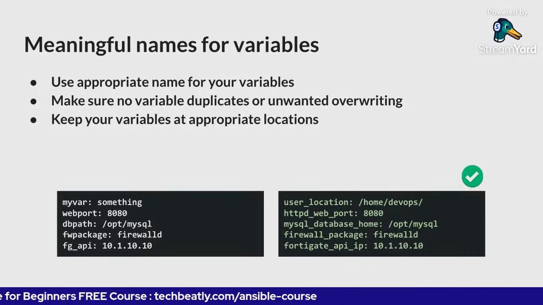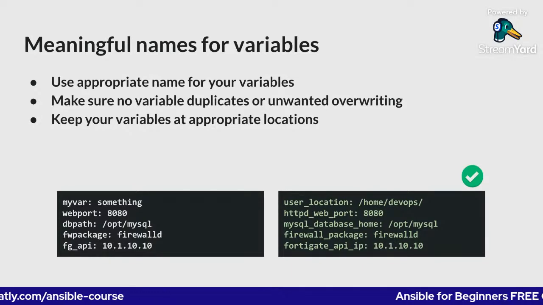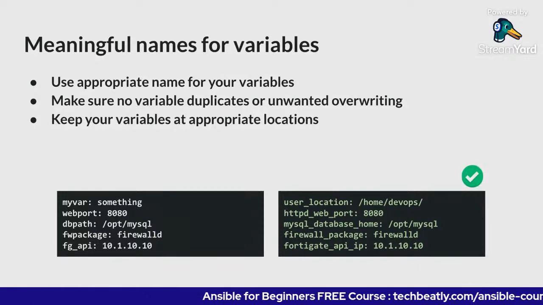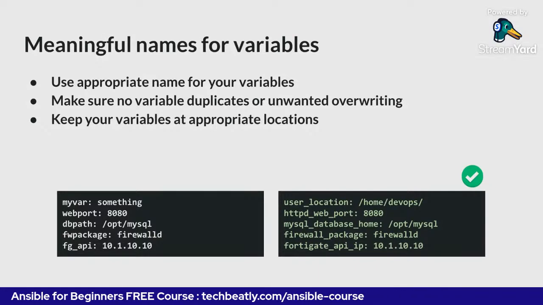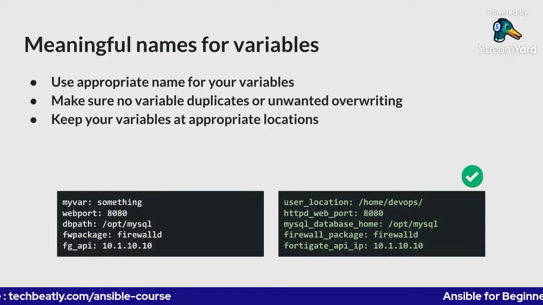It can be inventory variables, host variables, group variables, playbook variables, variable files, or extra variables passed at runtime, many places. So learn about Ansible variable precedence and try to keep each variable in the correct location, otherwise it will be overridden. Okay, that's about variables.